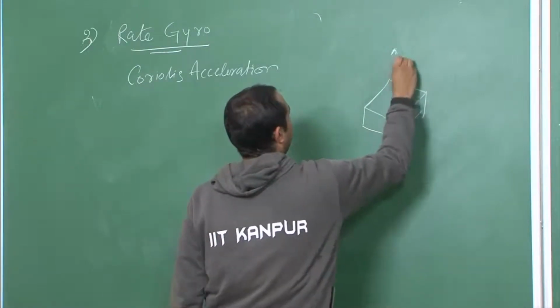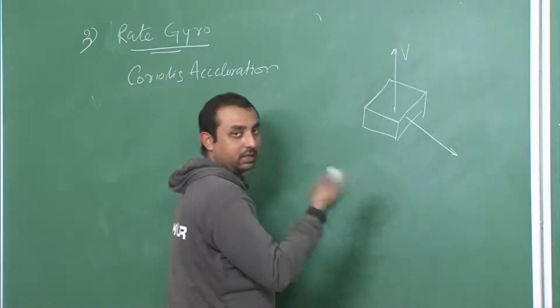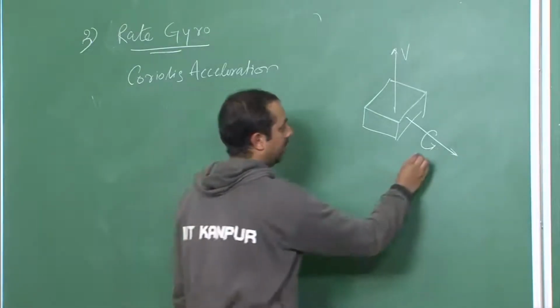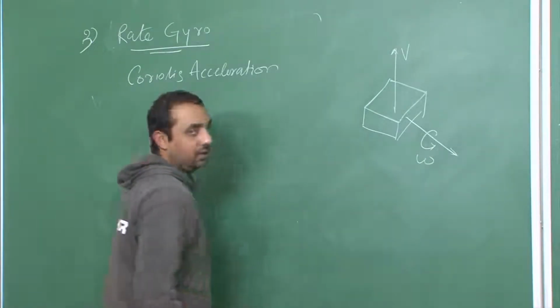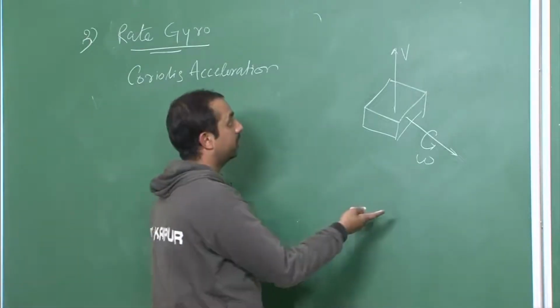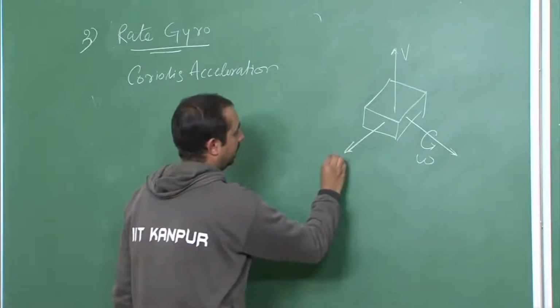which is moving with velocity v, and when it is subjected to an external rotation, or you can say angular velocity, it will experience a force which will be perpendicular to your axis of rotation and velocity. That is, it will experience force in this particular direction.